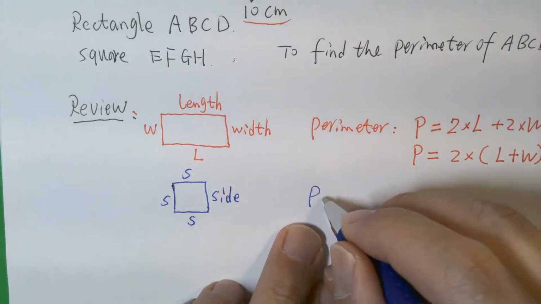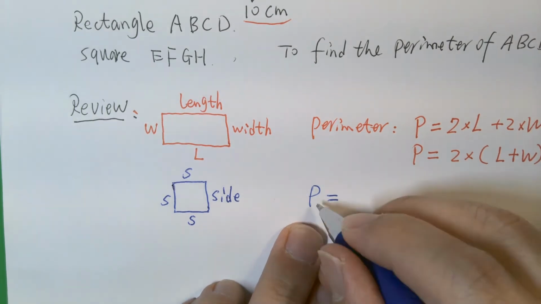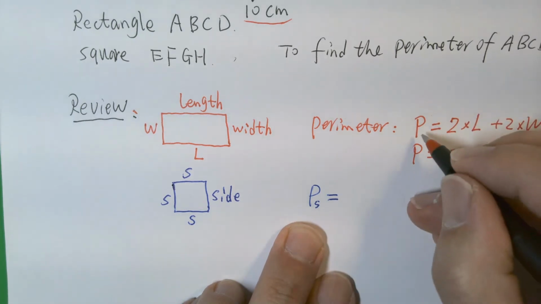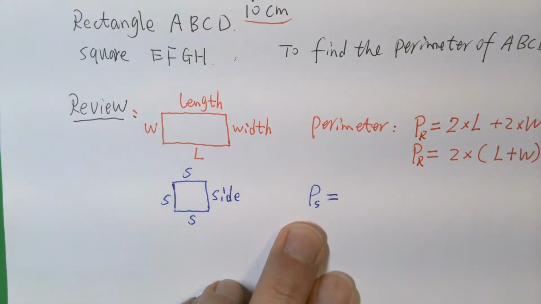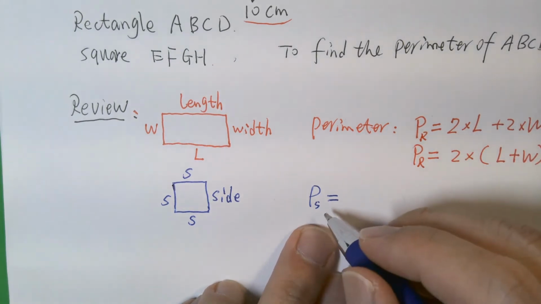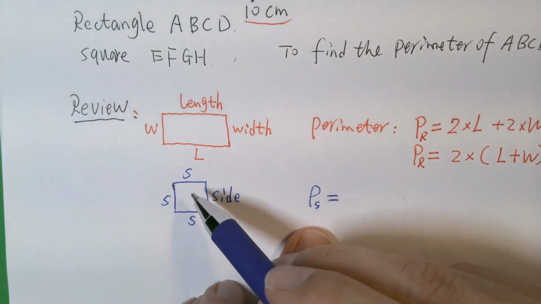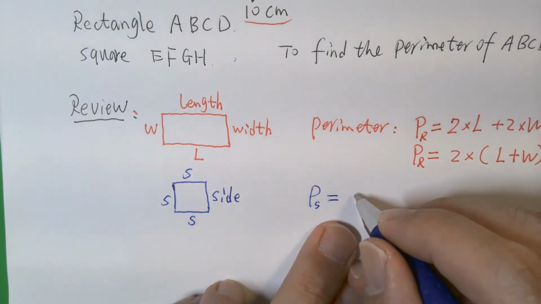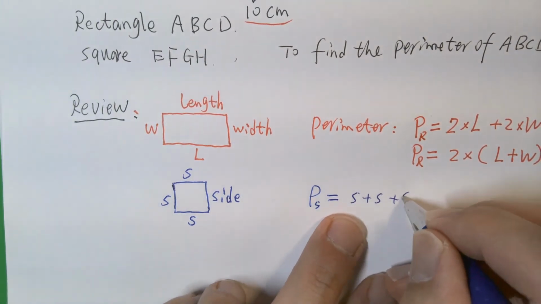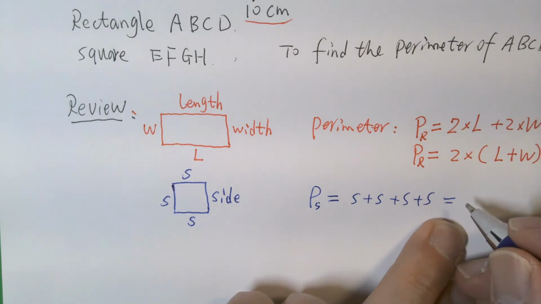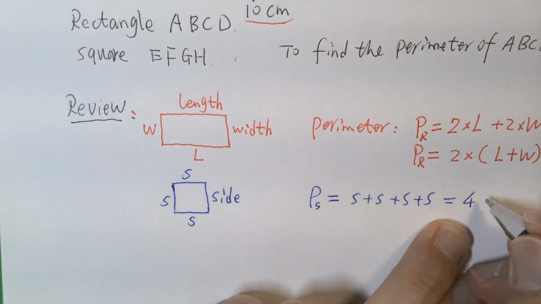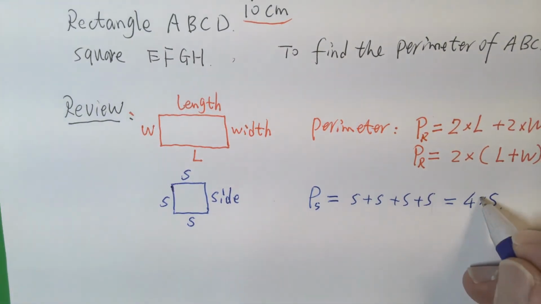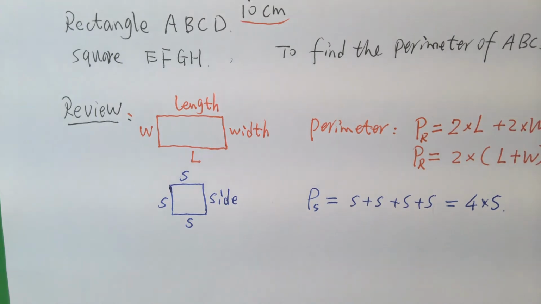The perimeter for a square, I put a little S here and a little rectangle here for the rectangle. For the square perimeter, you add up the lengths from all the 4 sides, so S plus S plus S plus S, or you can simply write it as 4 times S. There's another important property we're going to use.